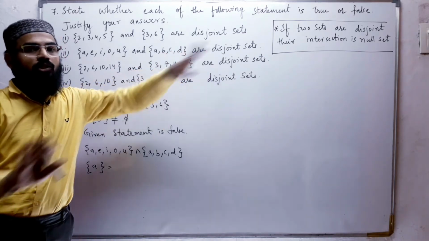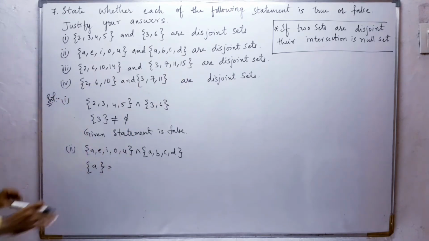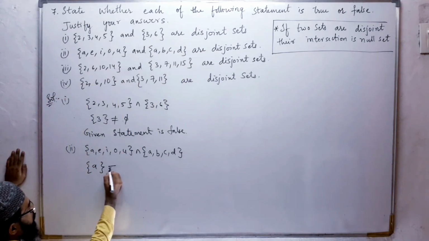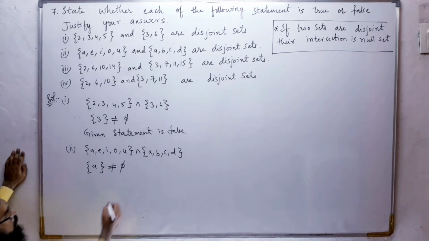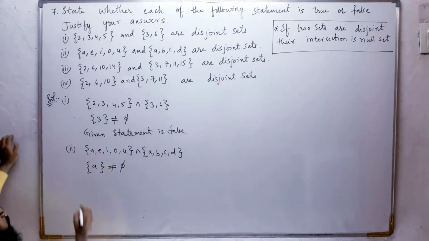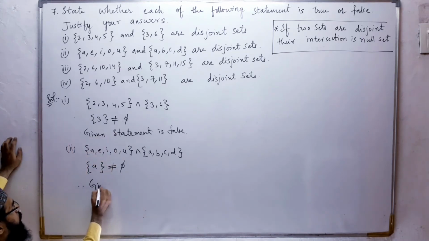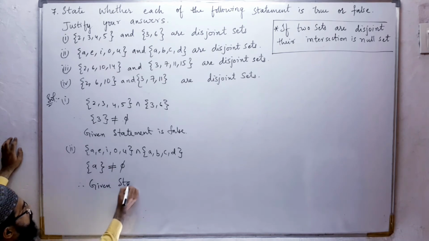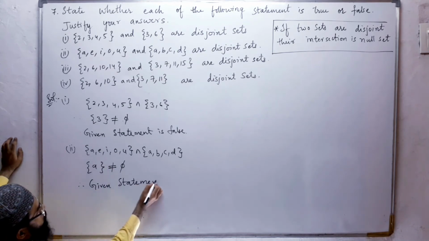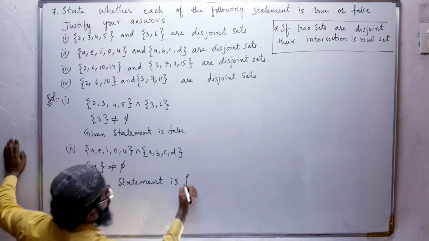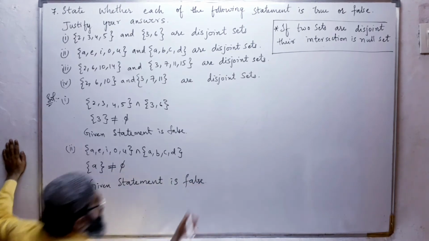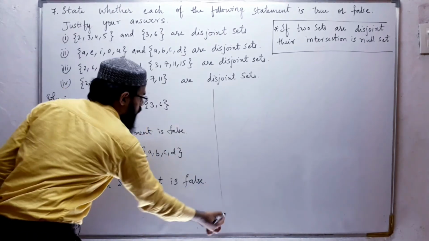Disjoint means there is no element. But an element is there. So it is not a null set and it is not disjoint. Therefore, the given statement is false.